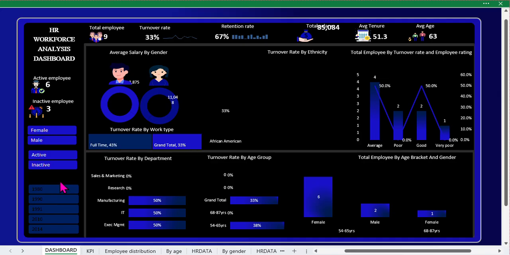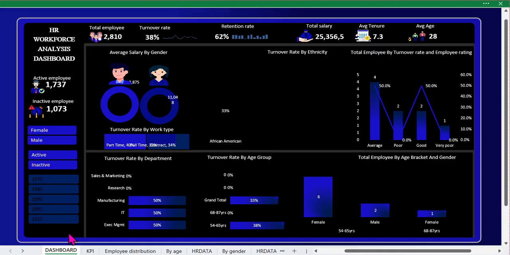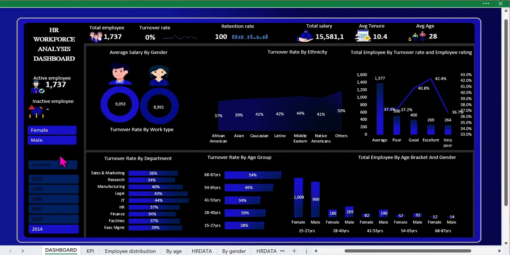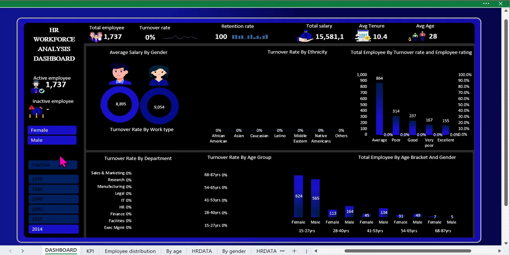Now, we can actually slice this in terms of gender and active status. Let me use 2014 and check in terms of people that are active in the company. Let's see what will happen. Okay, we've narrowed this down. Now I'm slicing active employees in 2014.